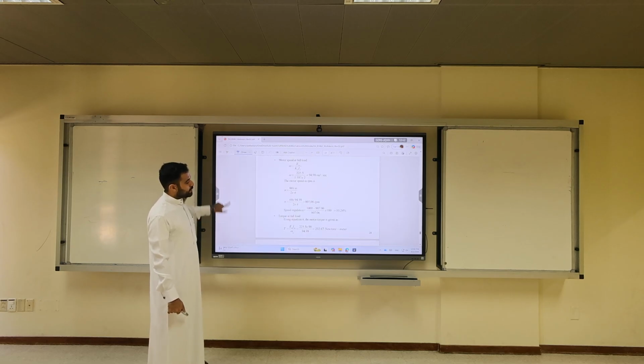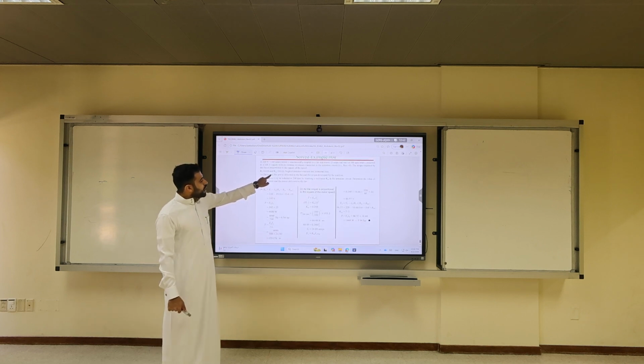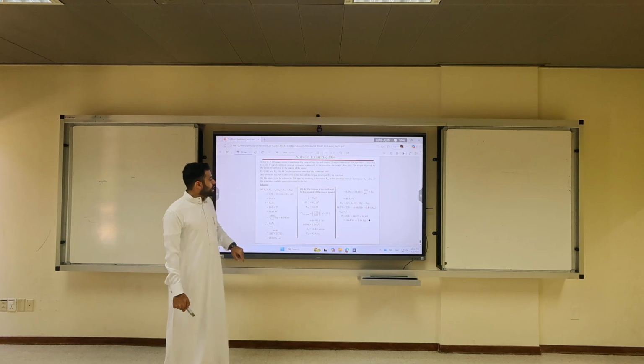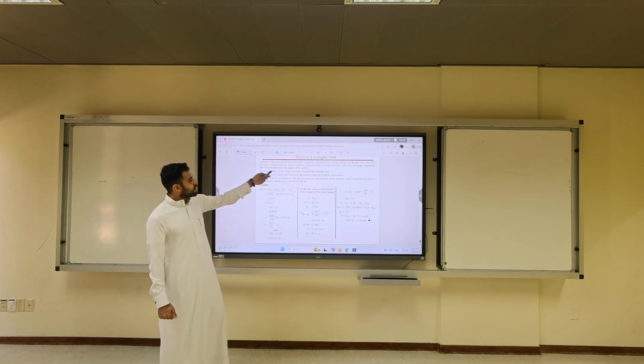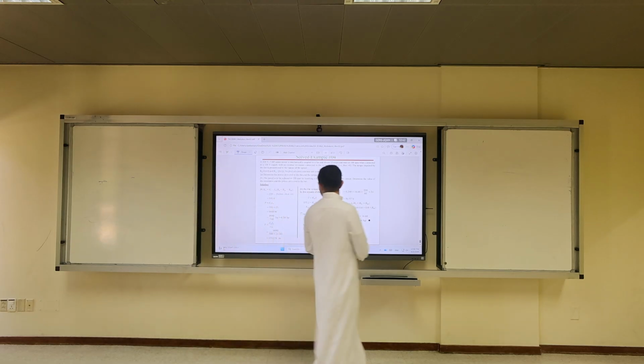Let's see the example. So the first part, find the power delivered to the fan and the torque required. Did he give you IA? Yes, it's 25. So what's the formula?